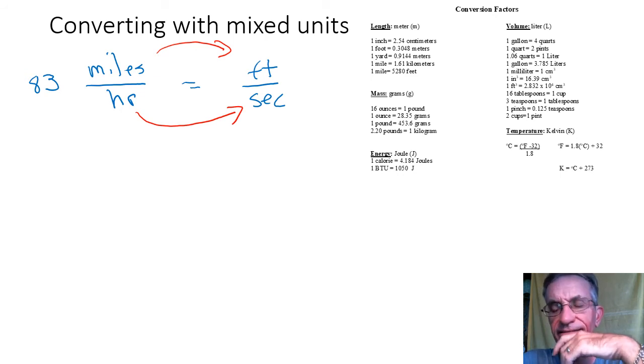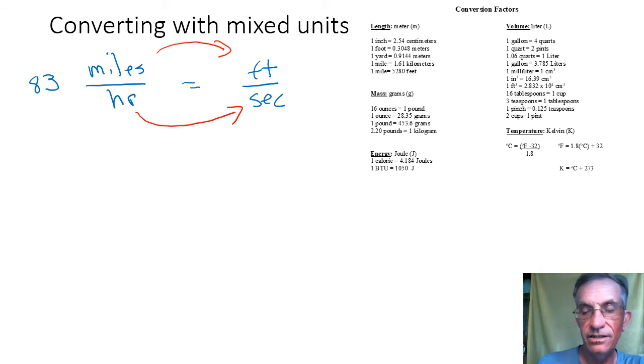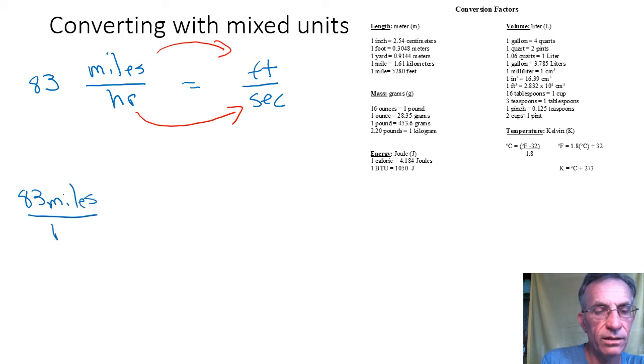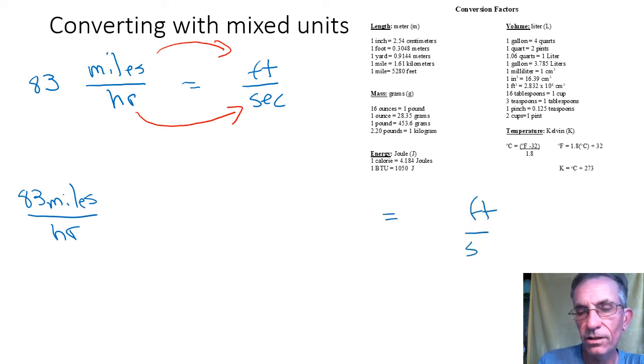So miles to feet, that'll be the first bit, and then hours to seconds, that'll be the second bit. So we'll worry about the top. Once it's matching up, start worrying about the bottom. All right, so same process though. Write down your beginning number and unit, 83 miles per hour. Write down your ending unit, feet per second.